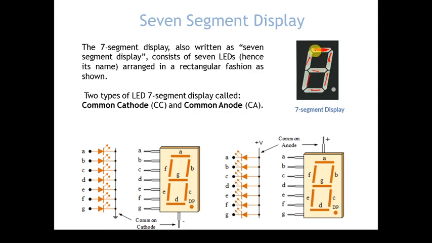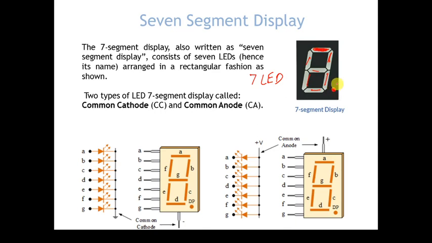In total, if you count 1 2 3 4 5 6 7, there are 7 LEDs. That's why the name is 7 segment display. As well as the 7 segments, there is also a decimal point, which can be controlled using this 7 segment display.